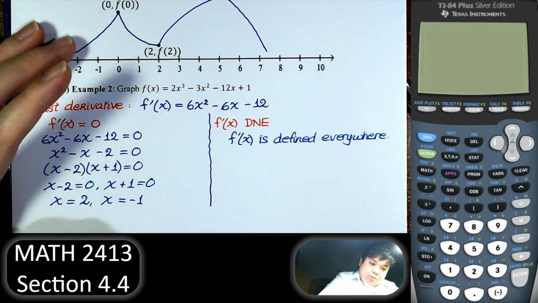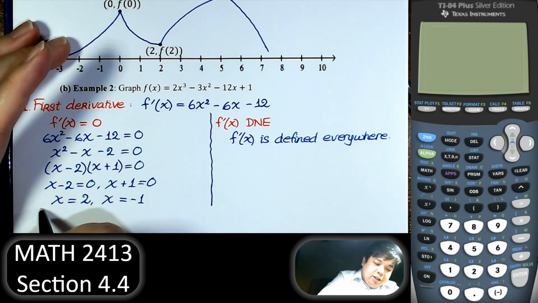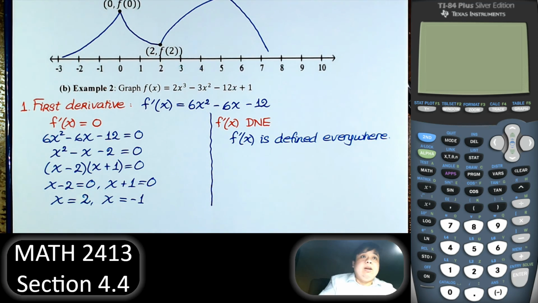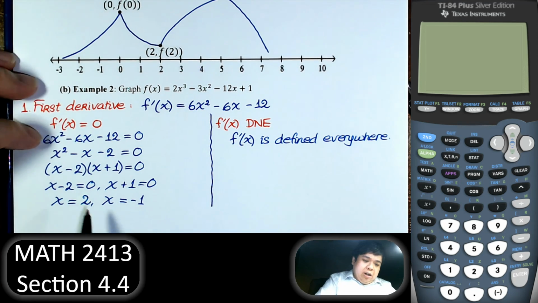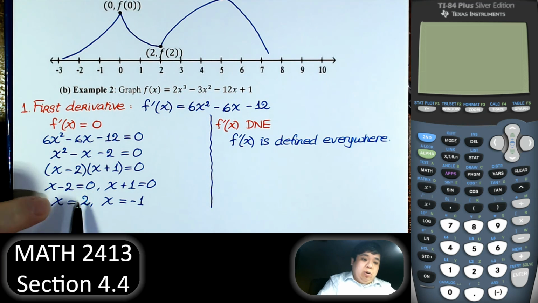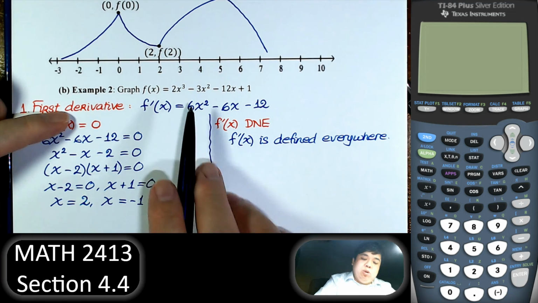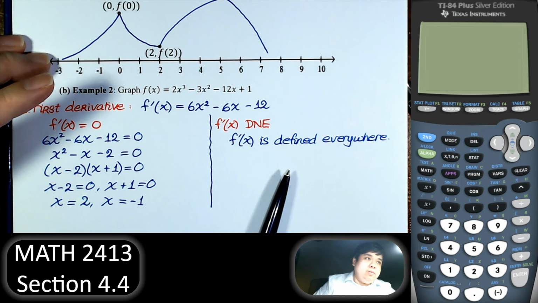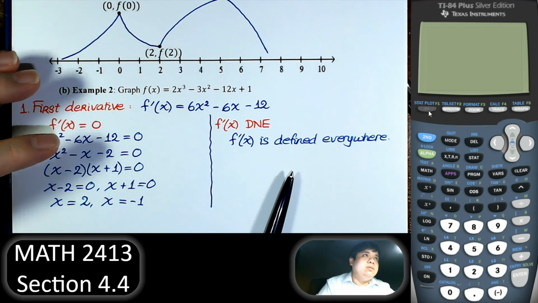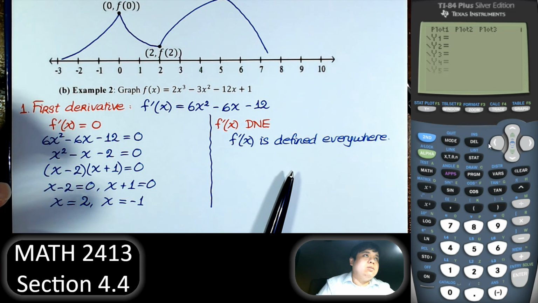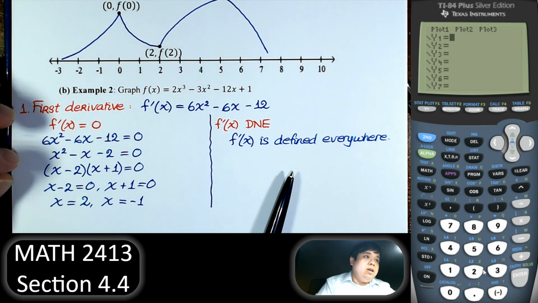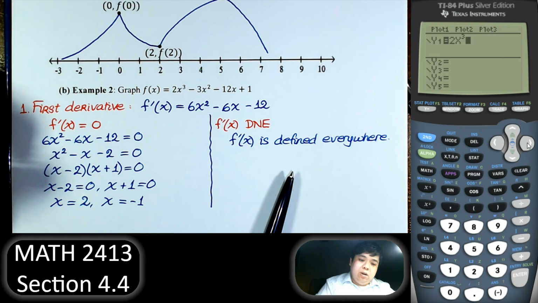Let's find the points. So let's find the values of f of x when x equal to 2 and x equal to negative 1. Put it back in the original function: 2x cubed minus 3x squared minus 12x plus 1.